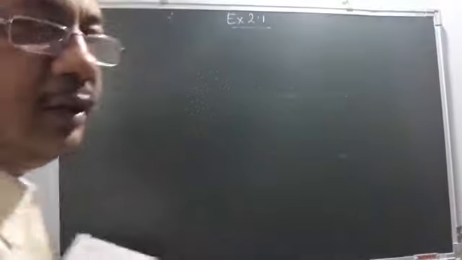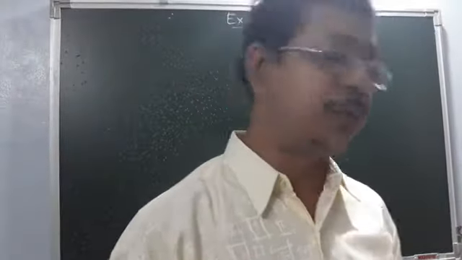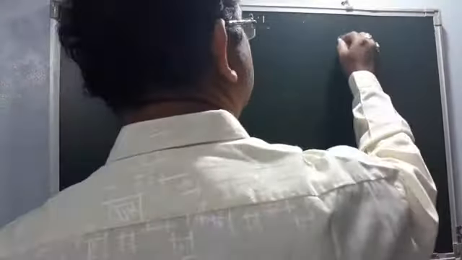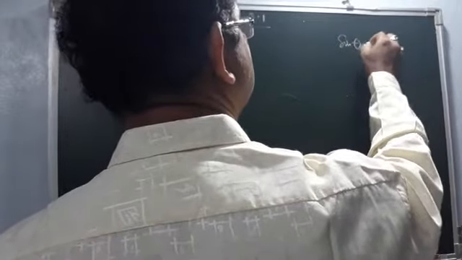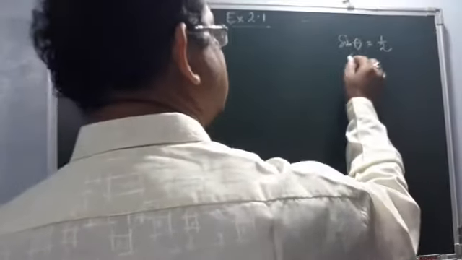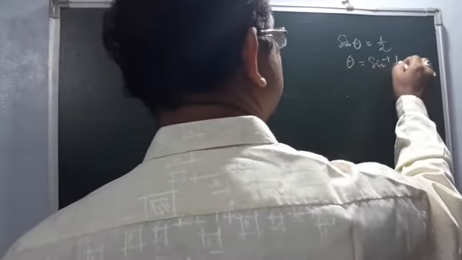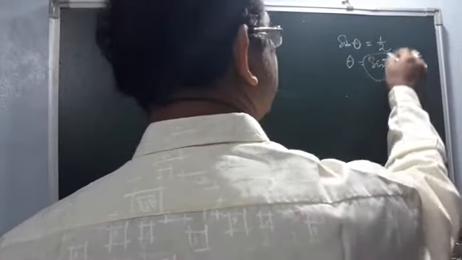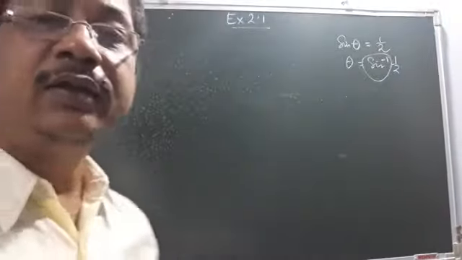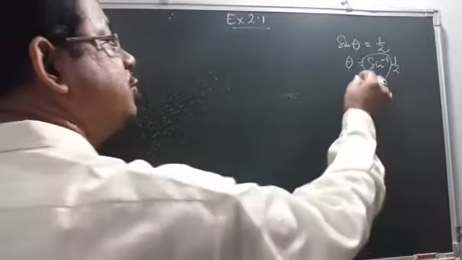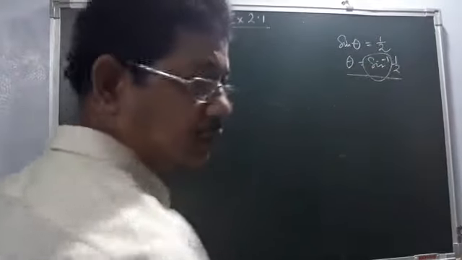I want to explain a little bit what is inverse trigonometrical function. Suppose sin theta is equal to half. Then theta we can write as this symbol, sin inverse it is called. This is sin inverse half.